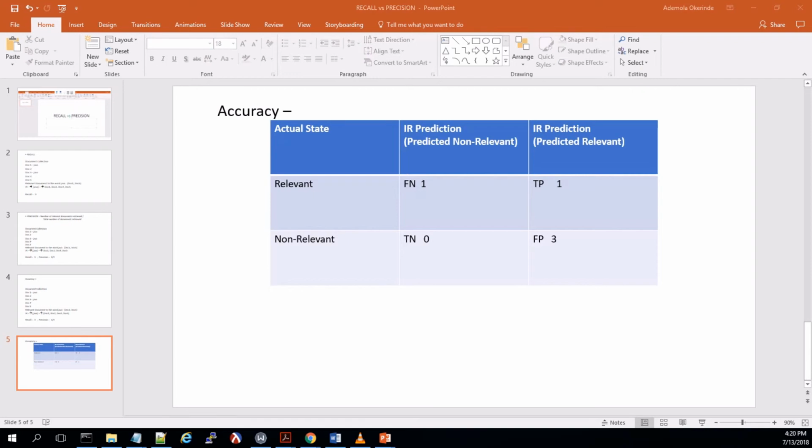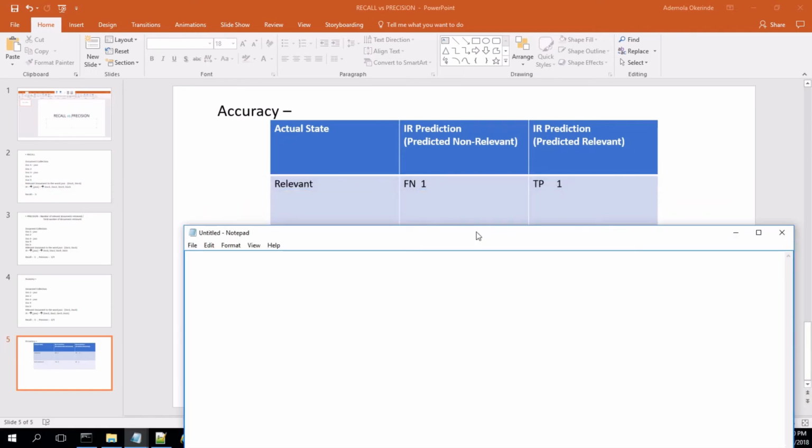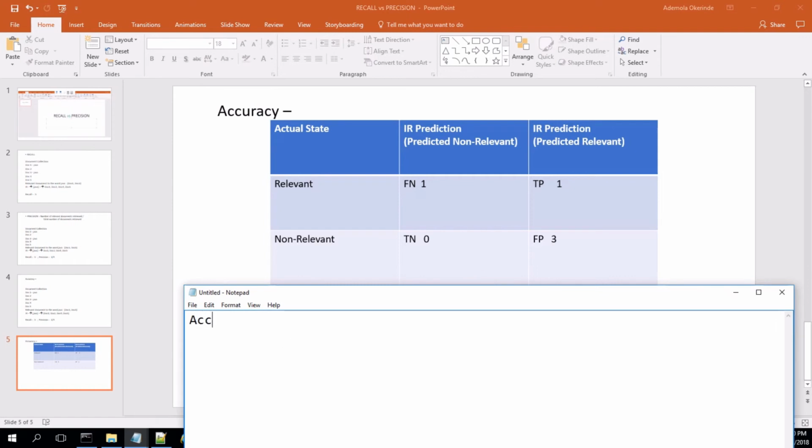Accuracy is equal to the total number of true positive plus the total number of true negative, then we divide that by either the total number of documents, or by the total number of true positive plus true negative plus false positive plus false negative.